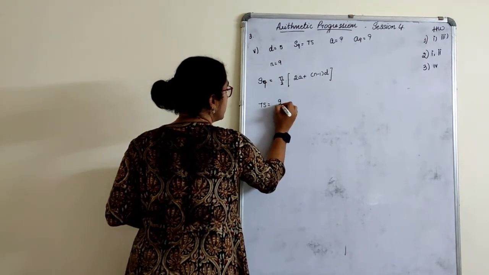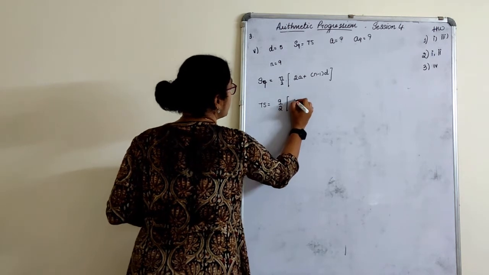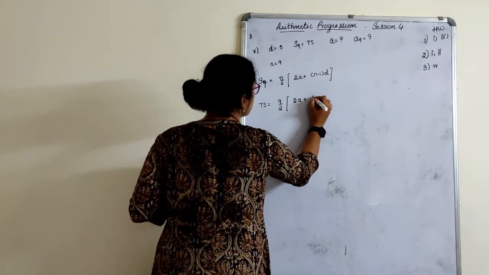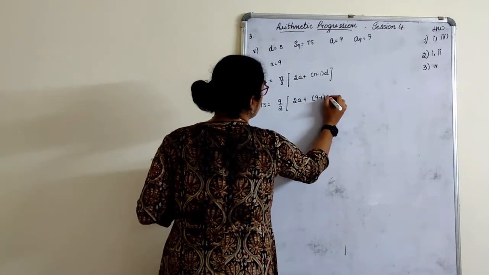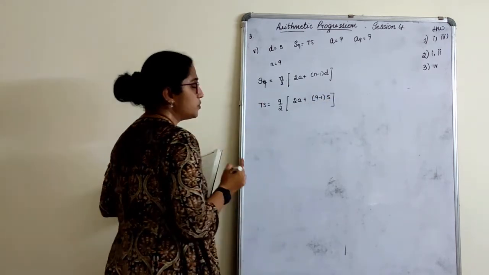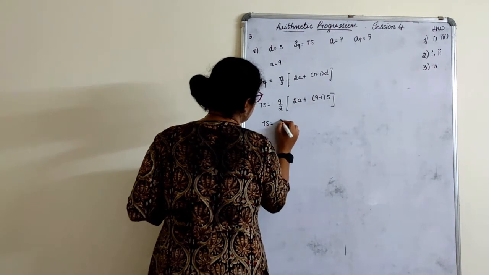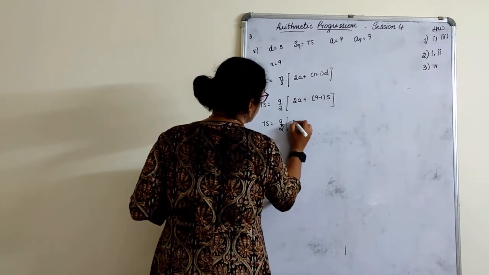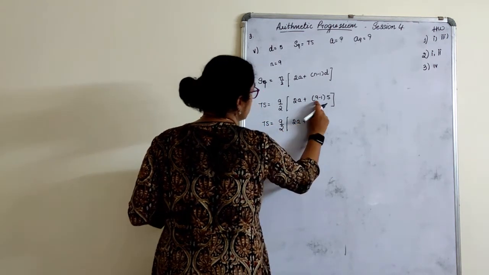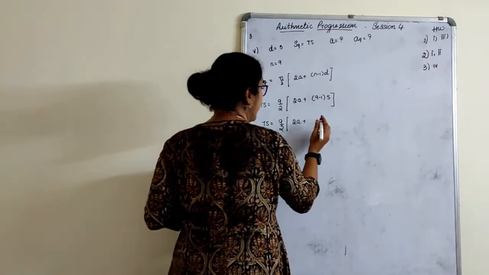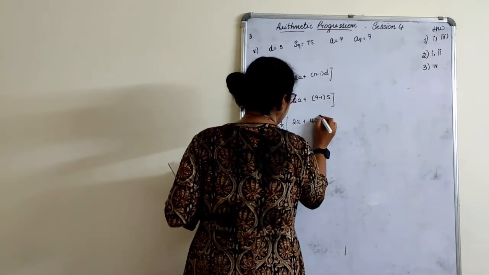n is 9, so 9 by 2 of 2A plus 9 minus 1 of 5. Only A we have to find. So 75 is equal to 9 by 2 of 2A plus 9 minus 1, which is 8, 8 fives are 40.